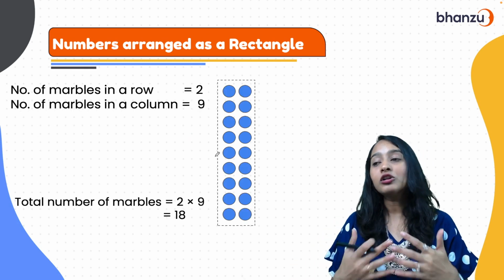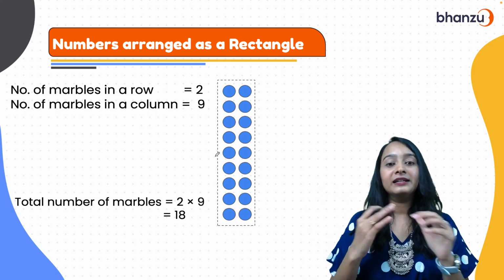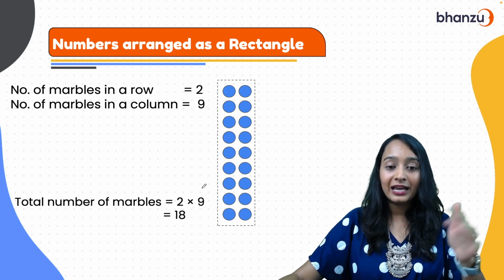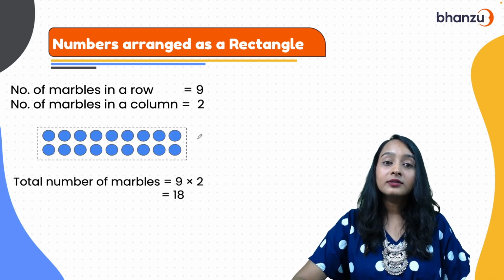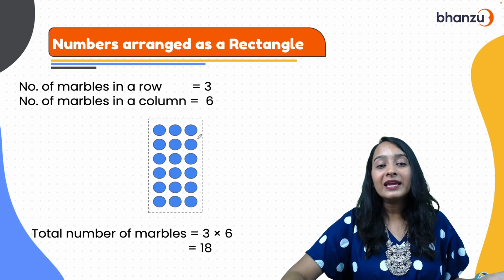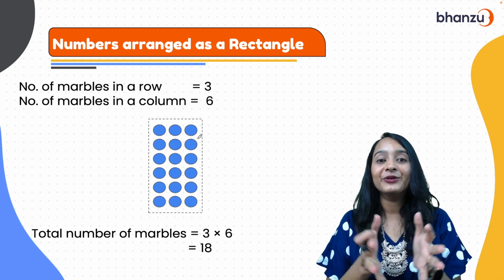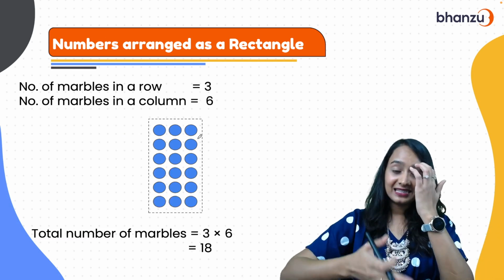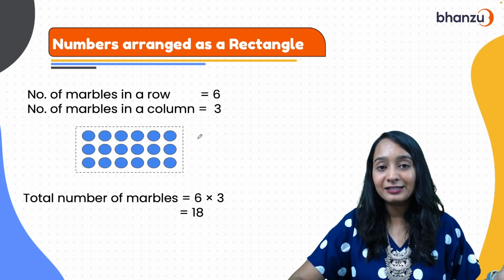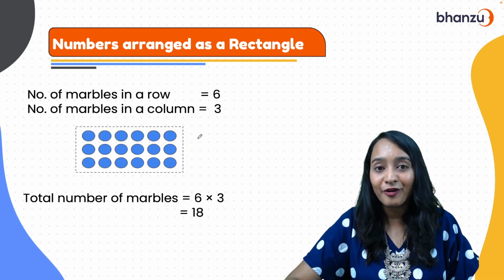Or you can also arrange it as 9 multiplied by 2, like 2 rows and 9 columns, 9 rows and 2 columns. There are different ways in which you can arrange the number 18. You can arrange it as 6 multiplied by 3 or 3 multiplied by 6. Rectangles are forming, different types of rectangles are forming, right?